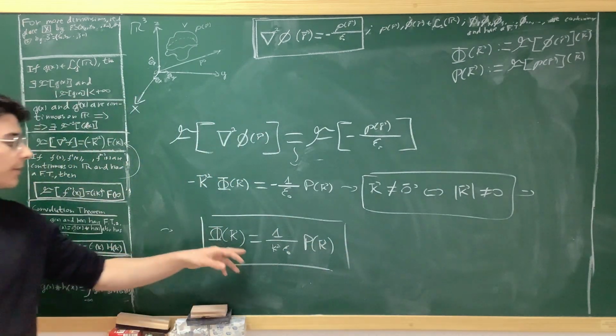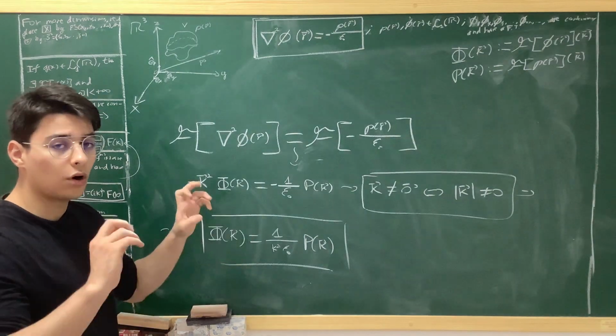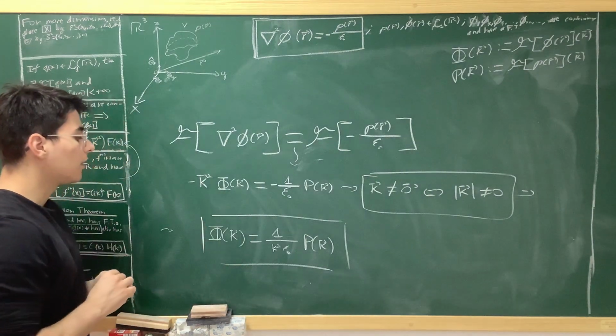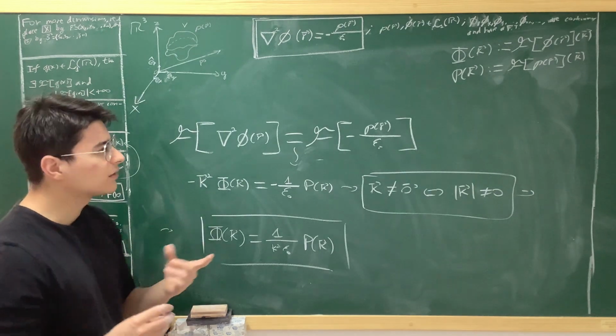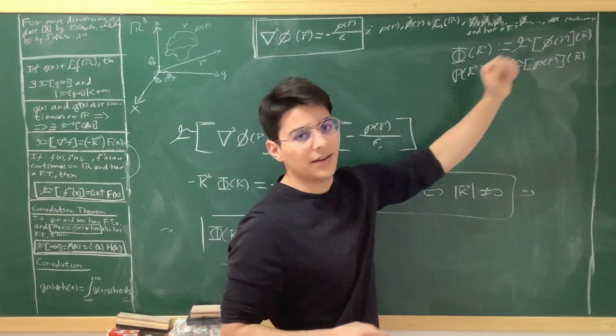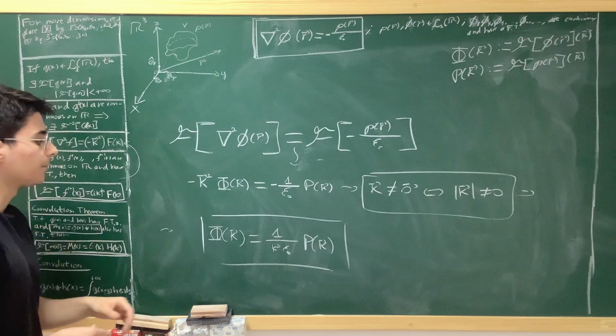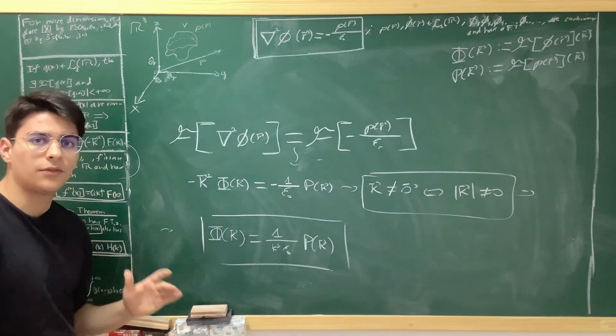We have solved the problem in this new world, in this k world, but of course we don't want this capital phi. We actually just want the little phi. So that's what we have to do. Just notice how powerful the Fourier transform is.